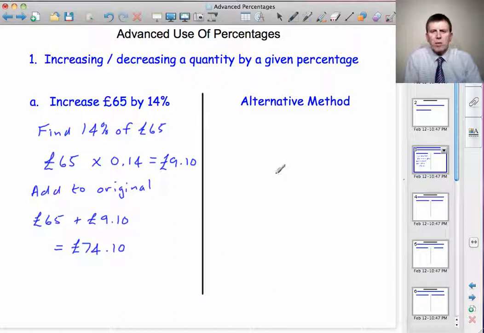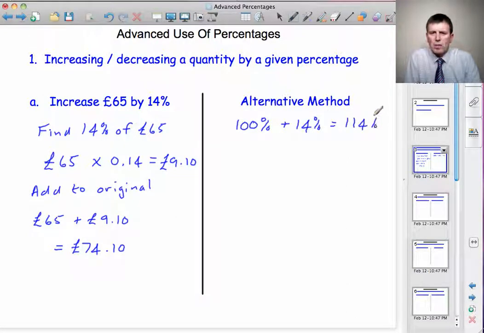Now let's look at an alternative method of achieving that result. If we're going to add 14% to £65, then we're going to start with 100% and we're going to add 14% on. Well, that will mean we have 114%.